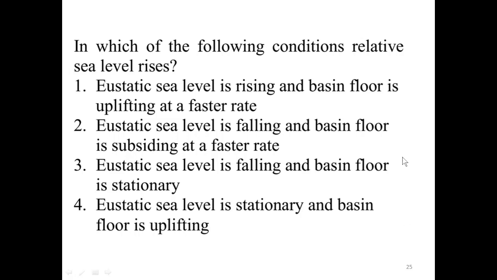So let us first have a look at the various options where the basin and eustasy come in. So we have two things, eustasy and tectonics, which play an important role in sea level rise and fall.